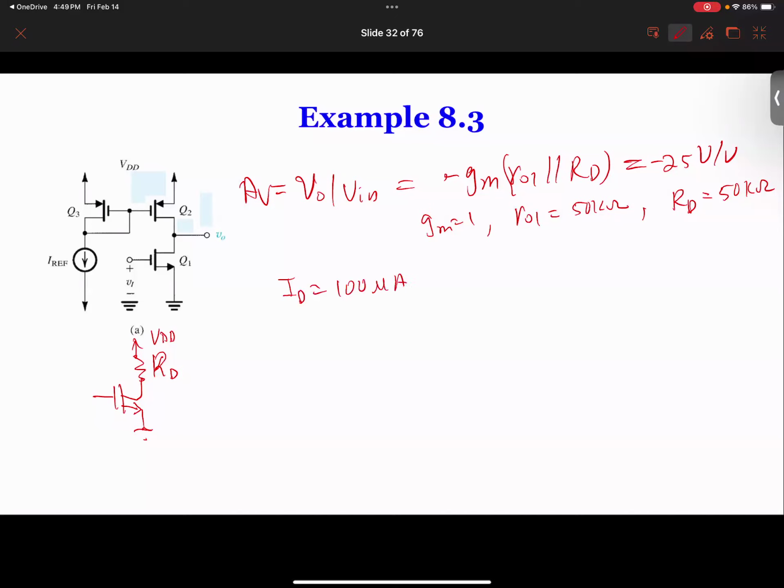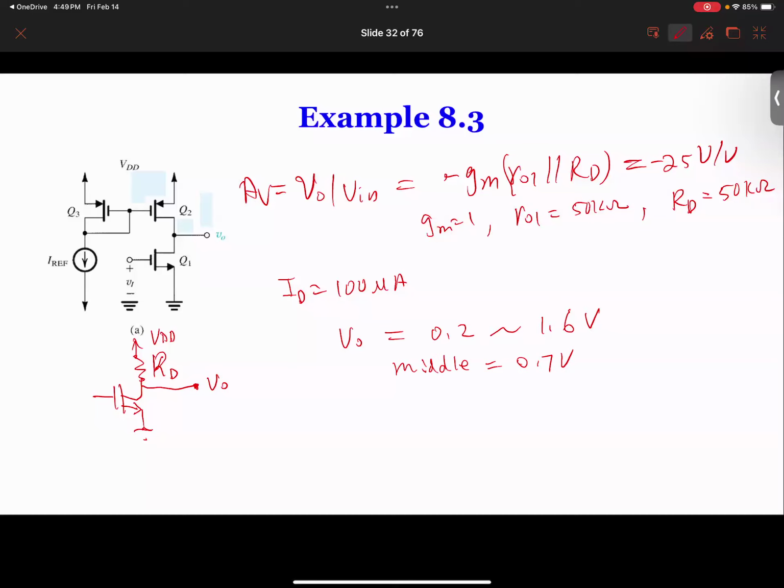Now, in order to maintain this voltage VO between 0.2 and 1.6 volt, the middle is 0.9 volts.